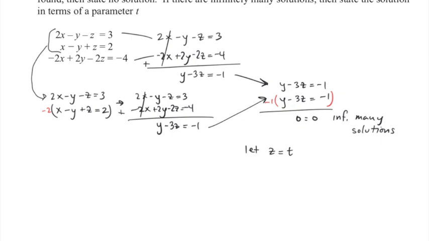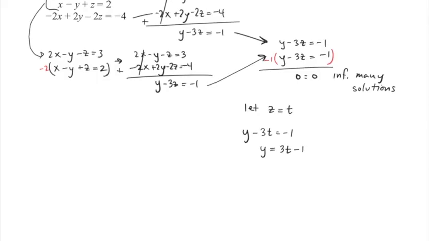So if we let z equal t, now we can go back up to this step, step 3, and take one of the equations to solve for y in this case, because we know the value of z. So we can solve for y. So then y minus 3, instead of 3z, I'm going to call that 3t. And then if you add the 3t to the other side, we get y equals 3t minus 1.